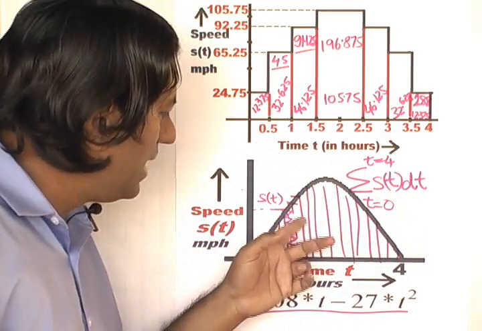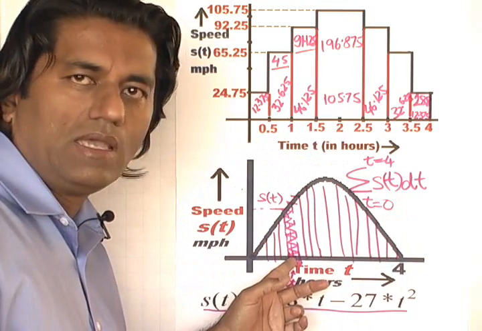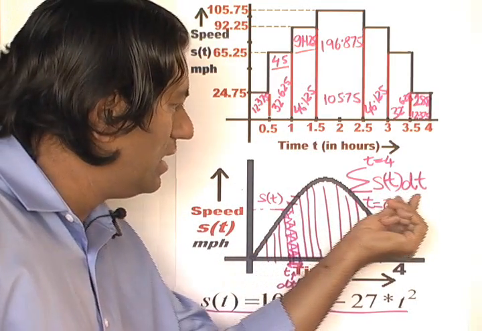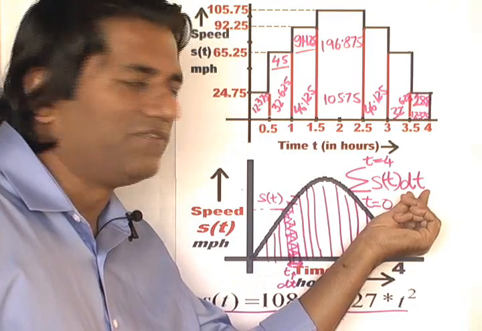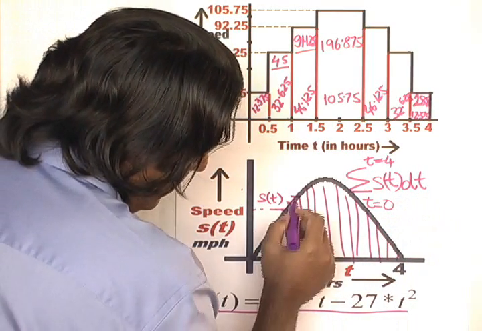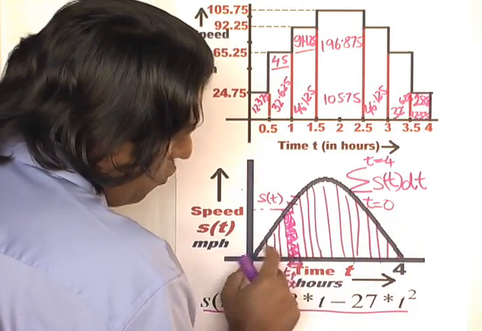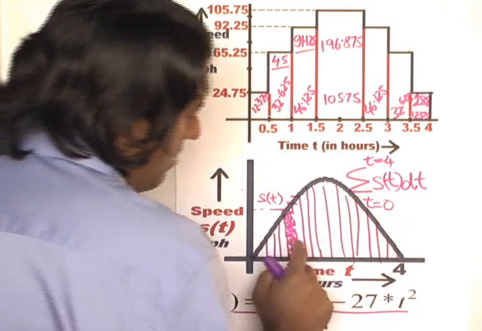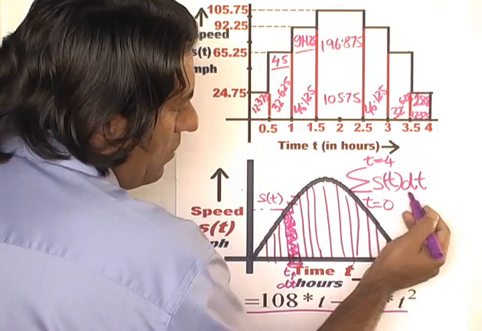So some speed in this interval of time multiplied by the length of that interval is the area for that interval, and the total area is the sum of many such intervals.